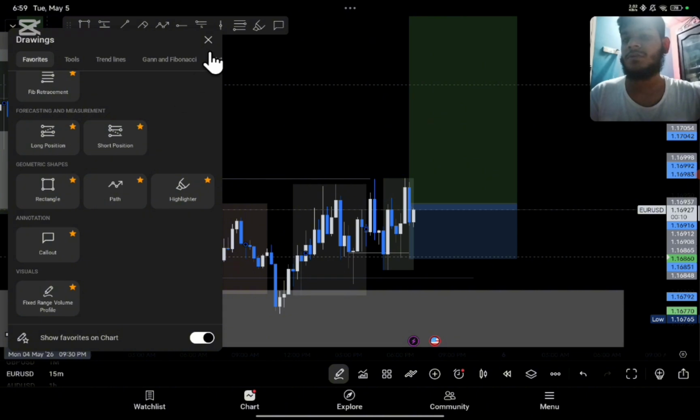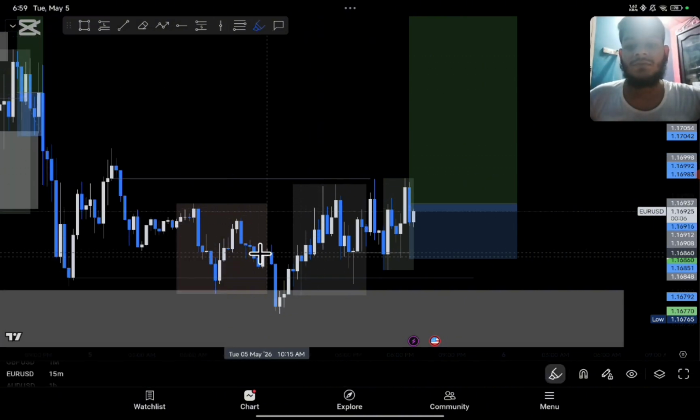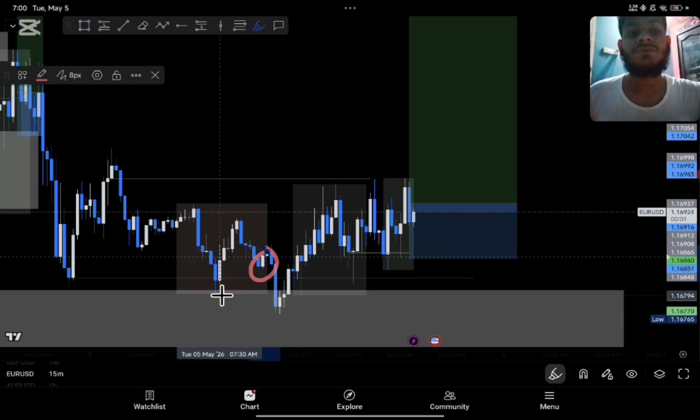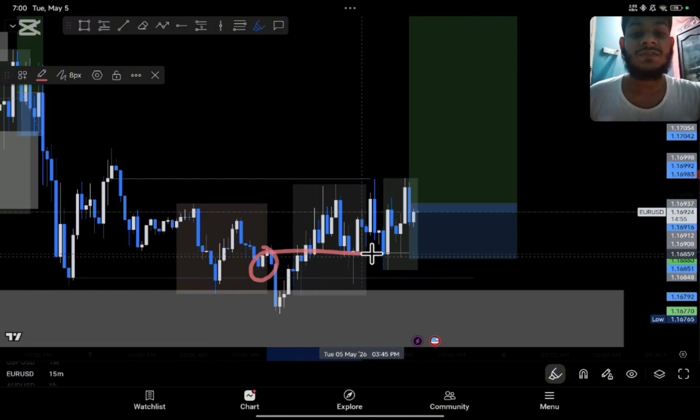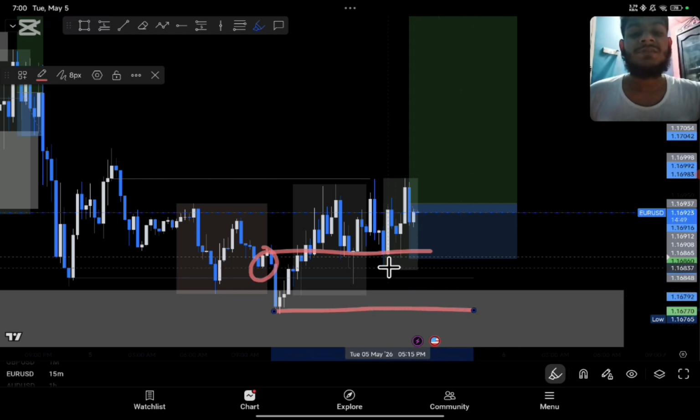Anyways, so this one was the order block which has pushed the price below to take this liquidity. And then what we have is this one getting broken. So this one is the order block from which we are likely to move bullish. And as you can see, my SL is quite in a bad area.